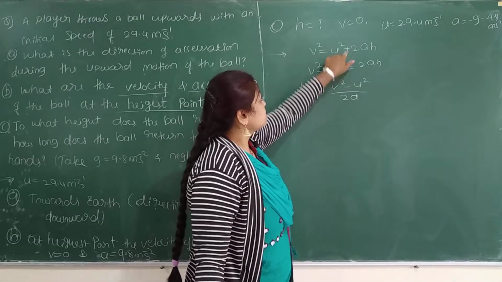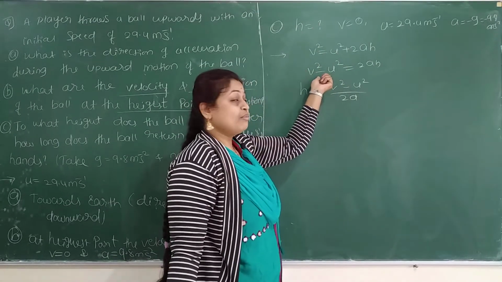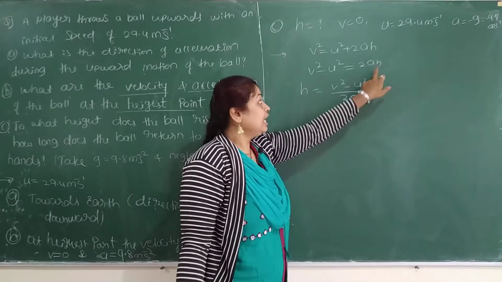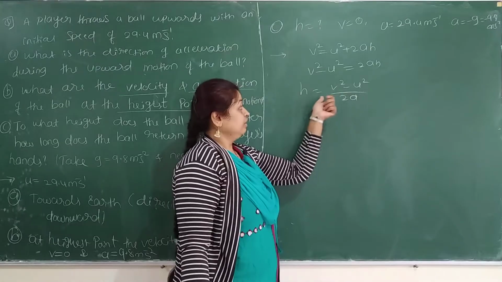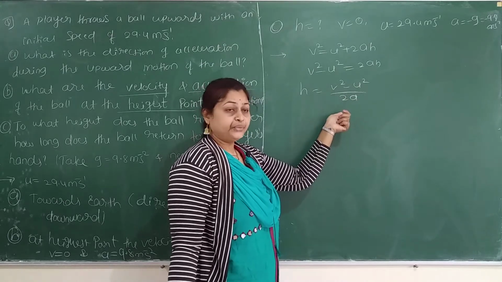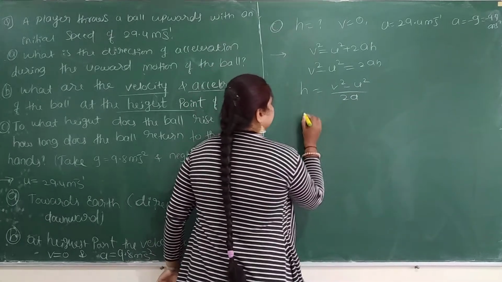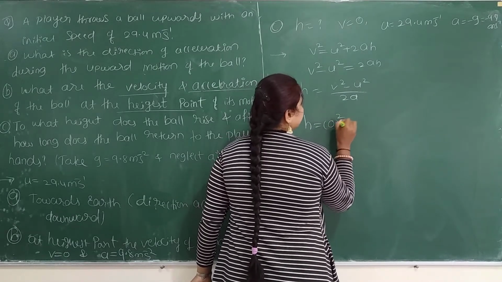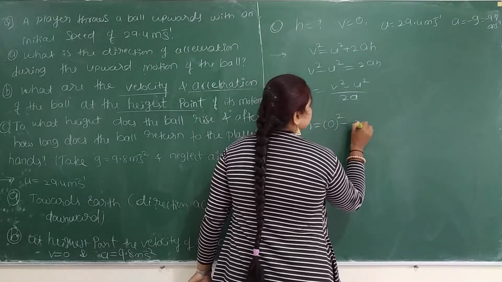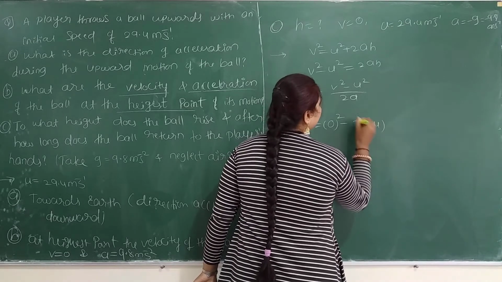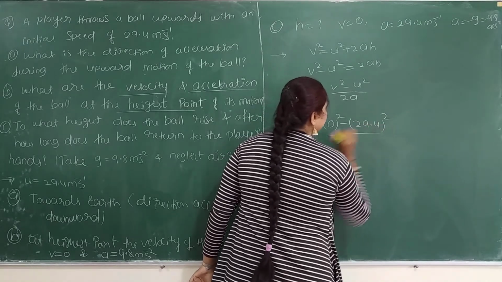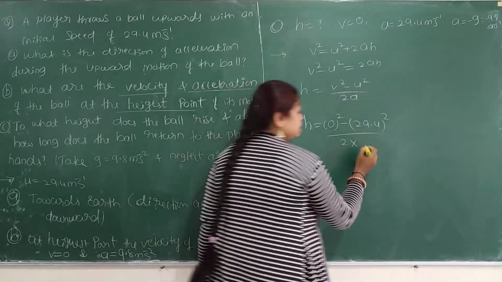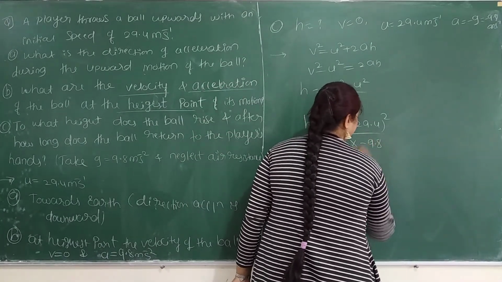Just bring this term to the left side. It will be minus u square and this 2ah as it is. Again h is v square minus u square upon 2a. Now substitute values, that is h is equal to final velocity 0 square minus initial velocity 29.4 square, divided by 2 into acceleration, which is minus 9.8.